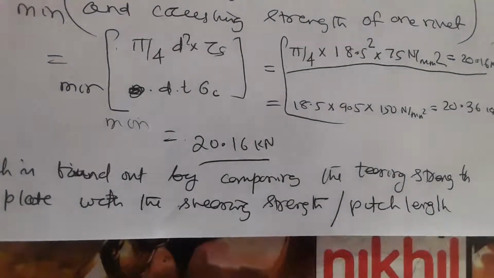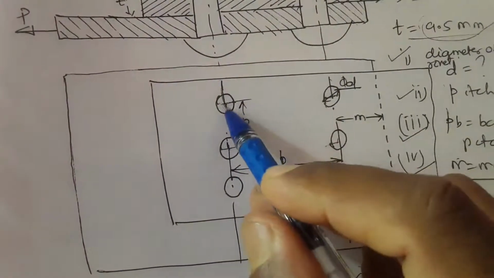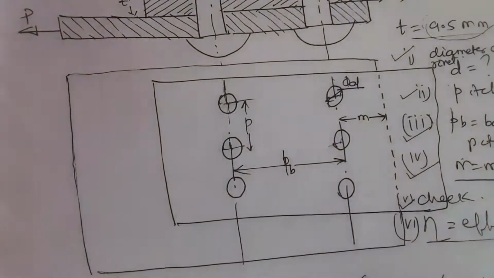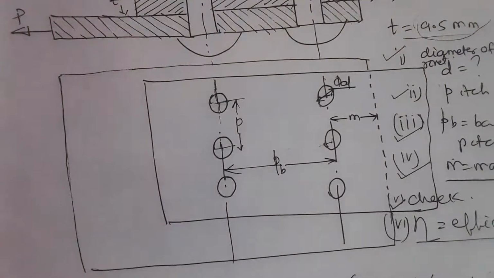So in a pitch there are two rivets: half here and half here, half and half is equal to 1. So per pitch length, the shearing strength will be considered.